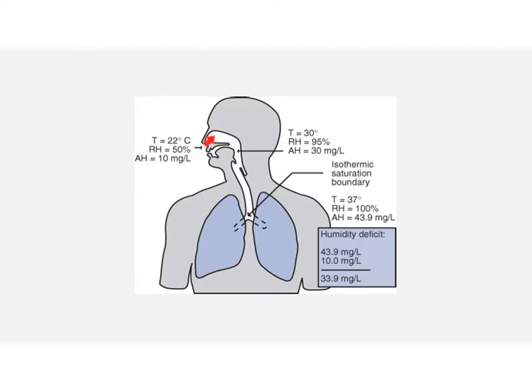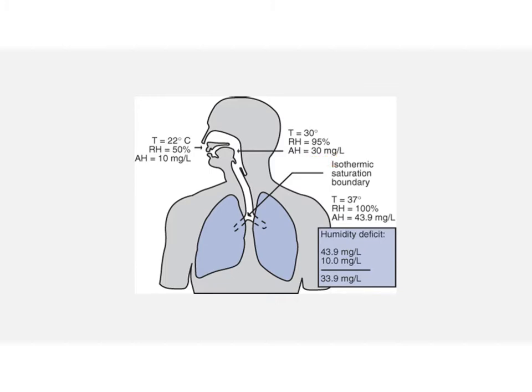So once it goes into the nose, past the nose, so now we're in the oropharynx, headed down to the lungs. At this point in our bodies, the temperature of the gas is about 30 degrees Celsius. It has a relative humidity of 95% and an absolute humidity of 30 milligrams per liter.